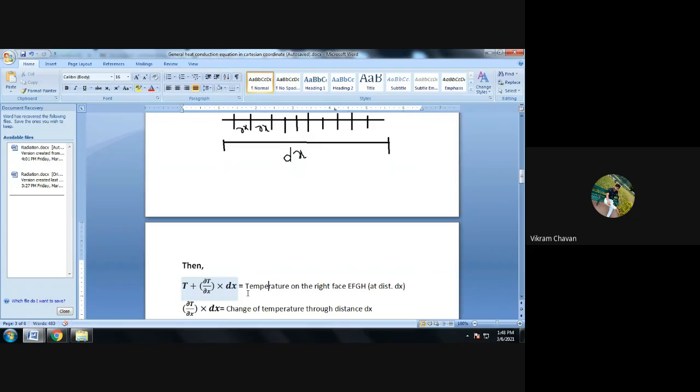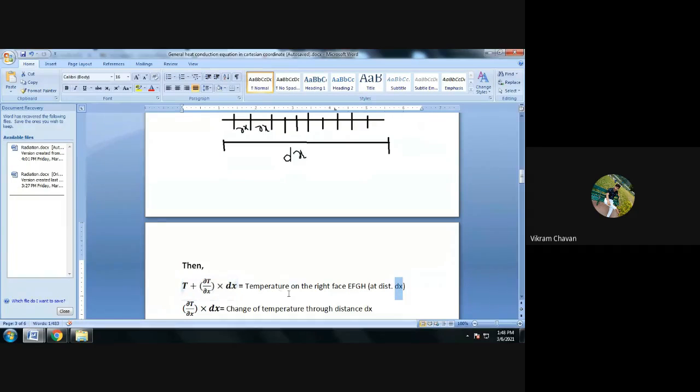So what will be the temperature at the EFGH face, which will be situated at a dx distance from the ABCD face? The face EFGH is situated at dx distance from ABCD face.